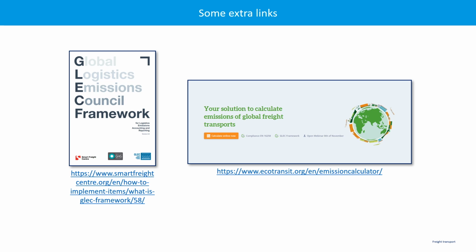Most of the transport emissions factors in the Humanitarian Carbon Calculator tool, in fact, come from GLEC, but you have more there still. The second link would bring you to the Eco-Transit calculator. This calculator runs for free online, and it can calculate quite accurately for you the emissions resulting from a certain transport segment. It's pretty strong.